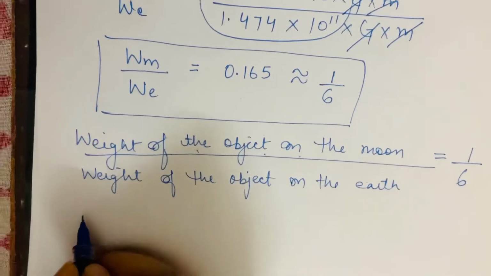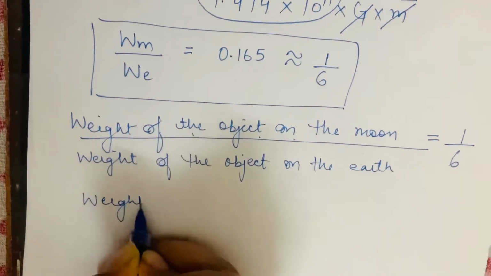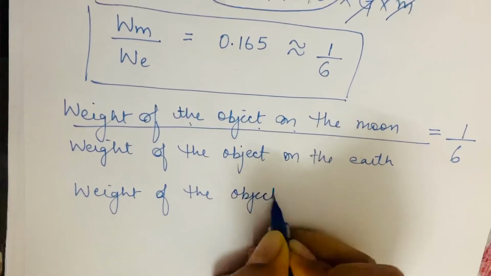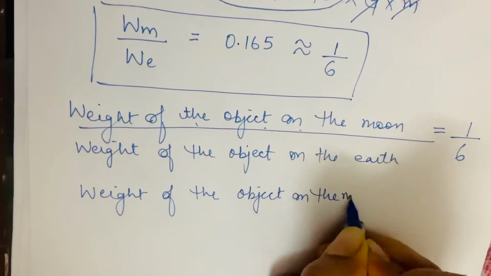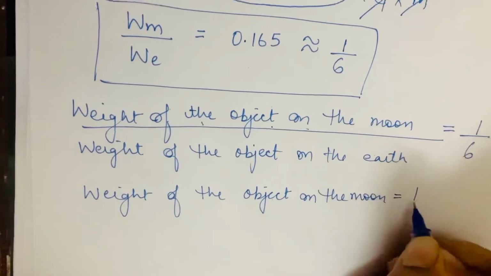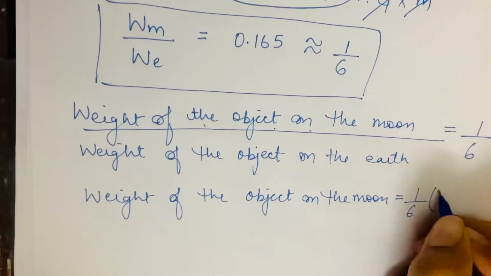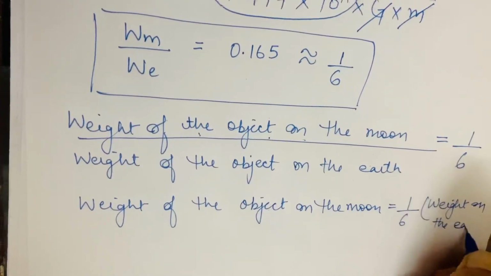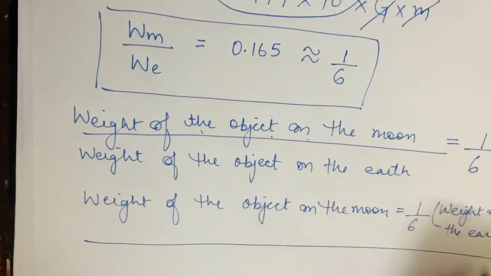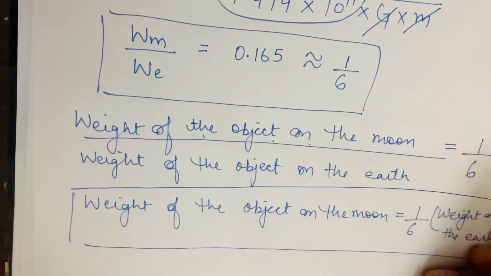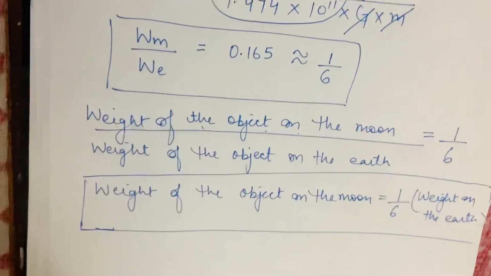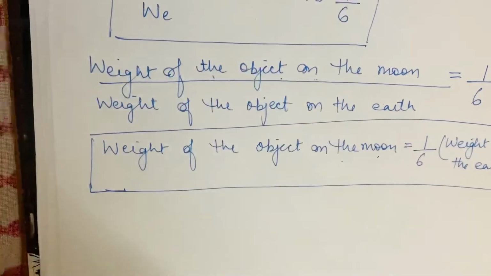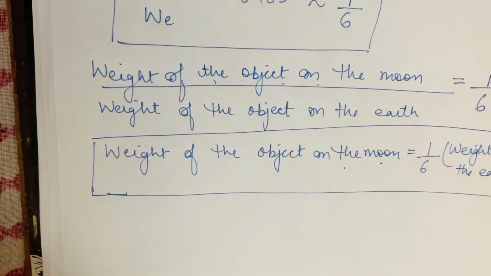So you can say that the weight of the object on the moon is equivalent to 1/6 of the weight of the object on the earth. This is the interesting result which came out of this equation, that the weight of the object on the moon becomes 1/6 of the weight on the earth.